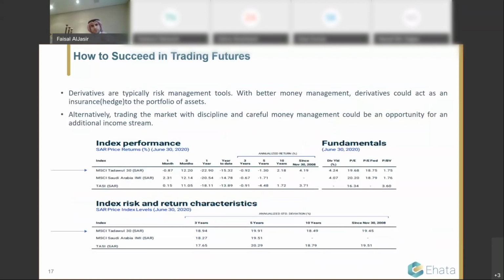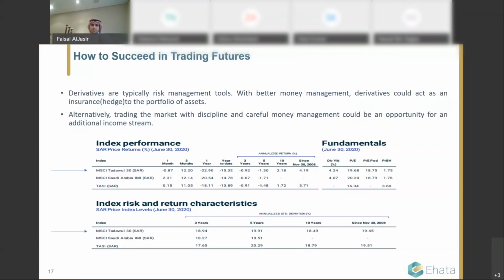So how to succeed in trading futures? I guess the question you should ask yourself is, in what capacity are you entering the market? Are you hedging or are you trading? That's very important. Derivatives are typically risk management tools. If you go back in history, you would find some of them being used mainly to hedge a certain variable that is the underlying, whatever that variable is.